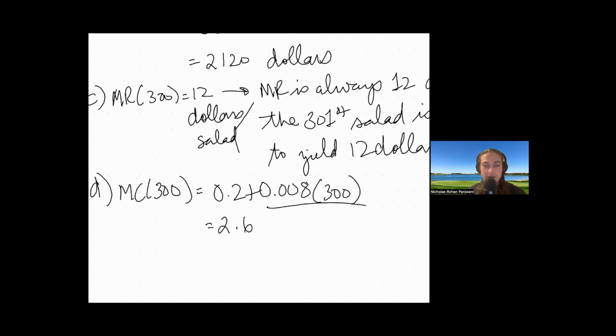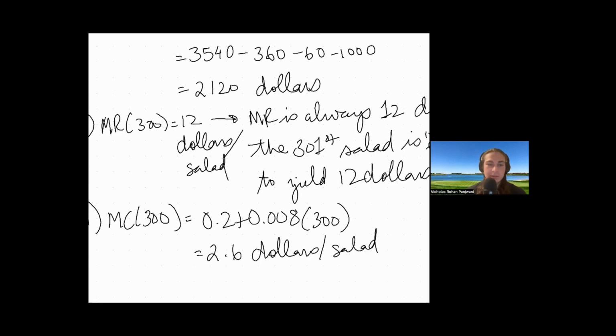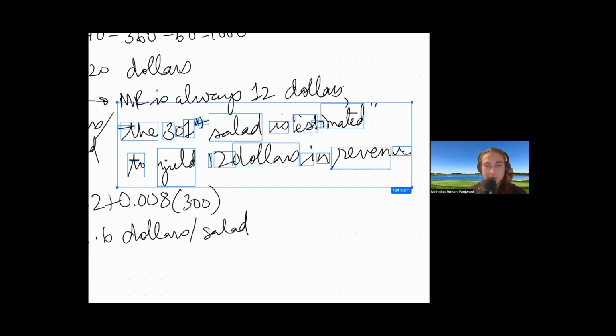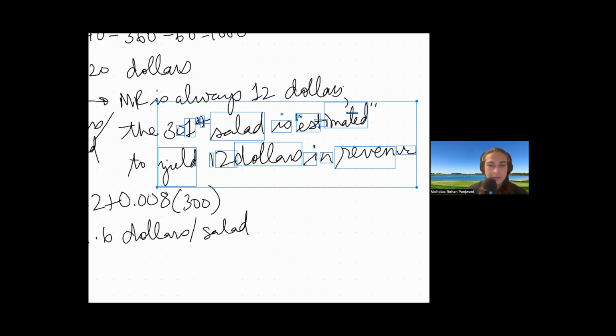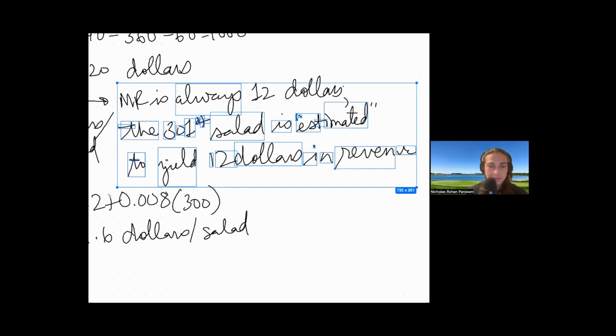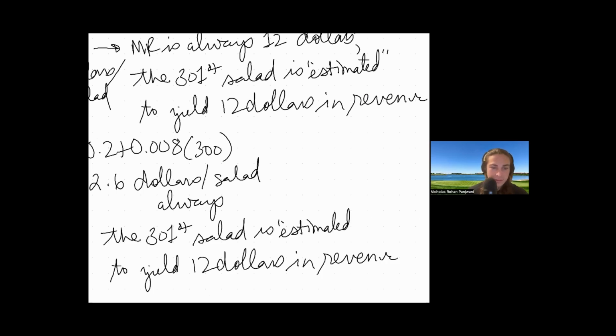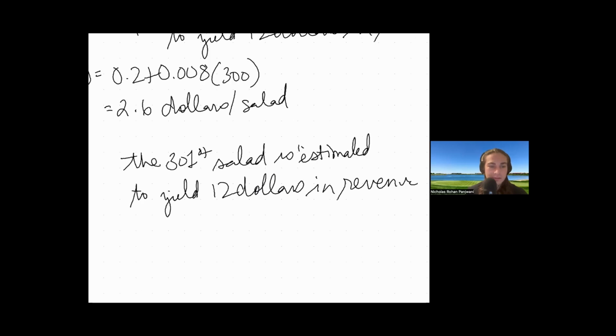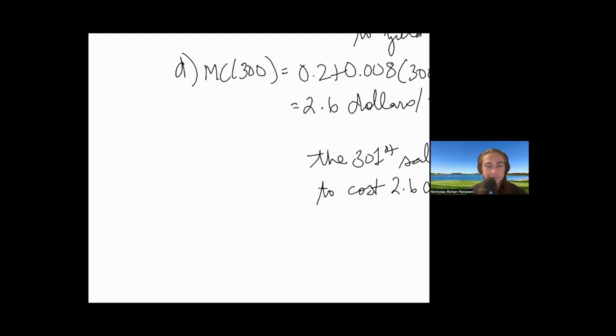It's 2.4. I'm going to copy this here. Always, always is estimated to cost, so marginal profit.